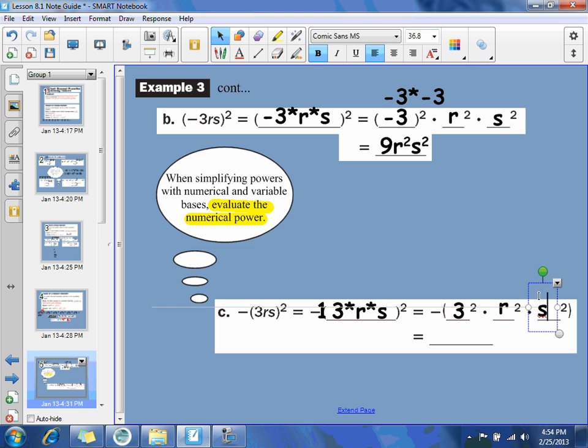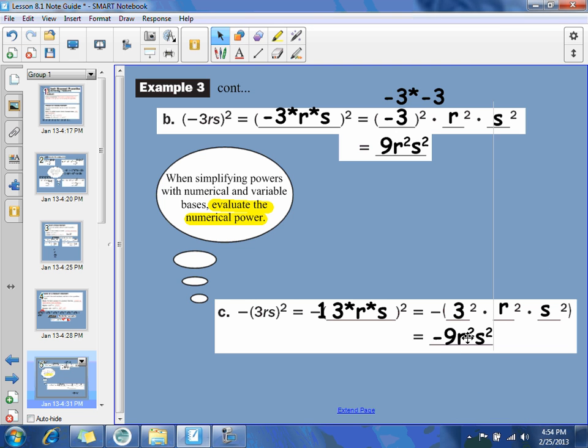Now this time, the negative is on the outside. So this answer is negative 9 r squared s squared. This one's negative because the negative was on the outside of the parentheses.